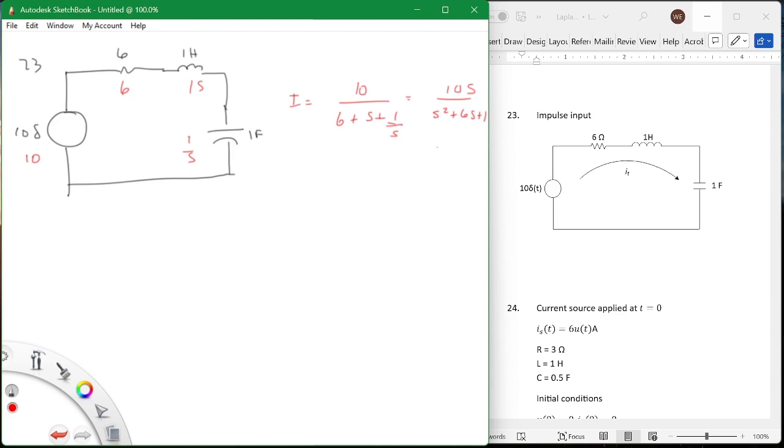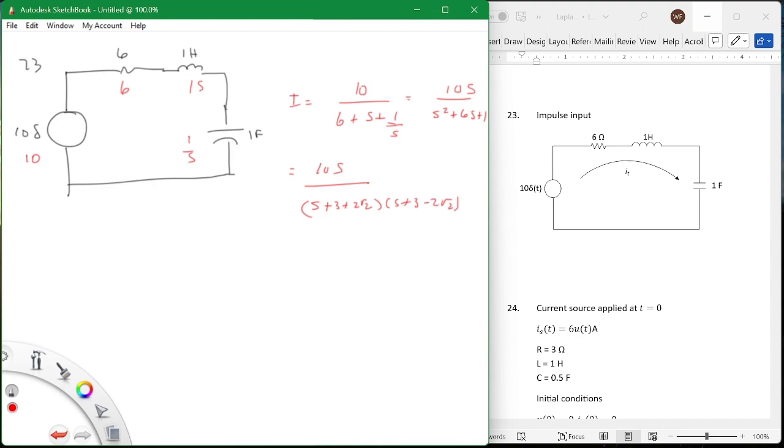And now we are pretty good at this, so we can use b squared minus 4ac, so this equals 10s over (s plus 3 plus 2 square root of 2) times (s plus 3 minus 2 square root of 2). So that's how that's done.